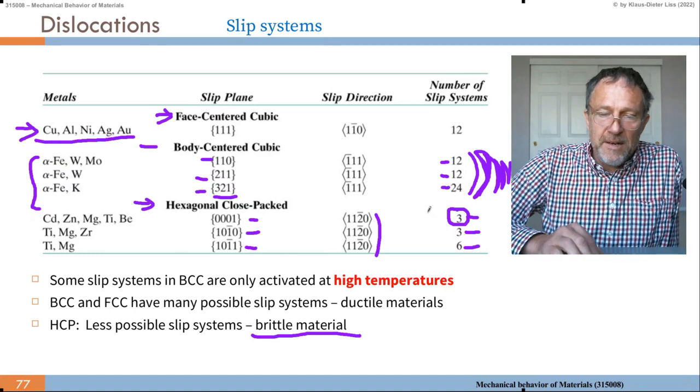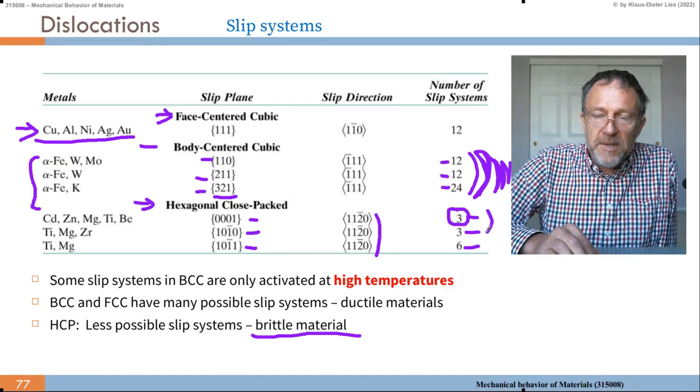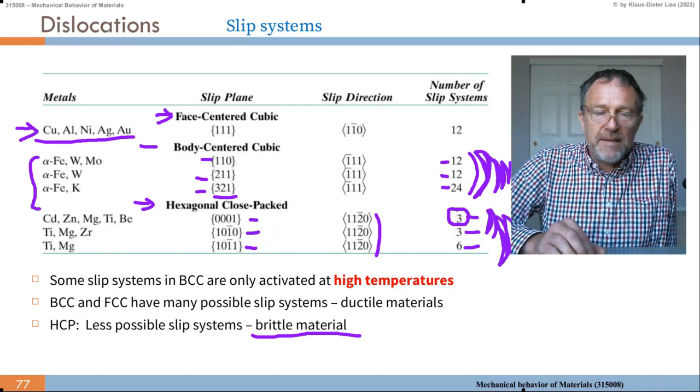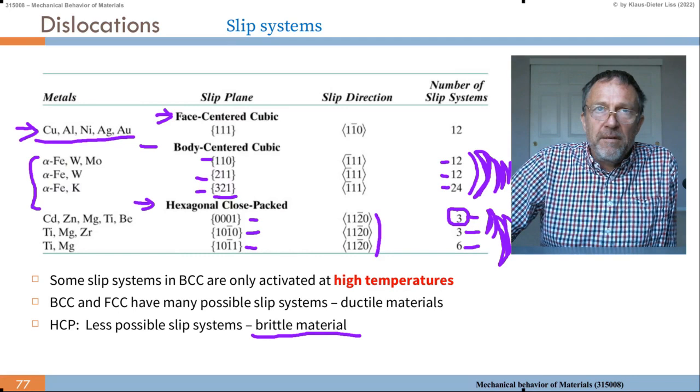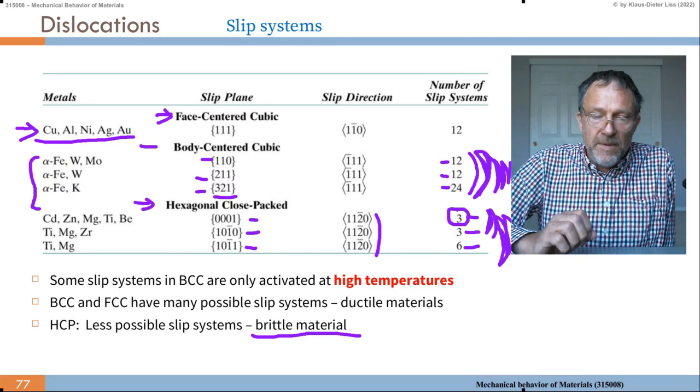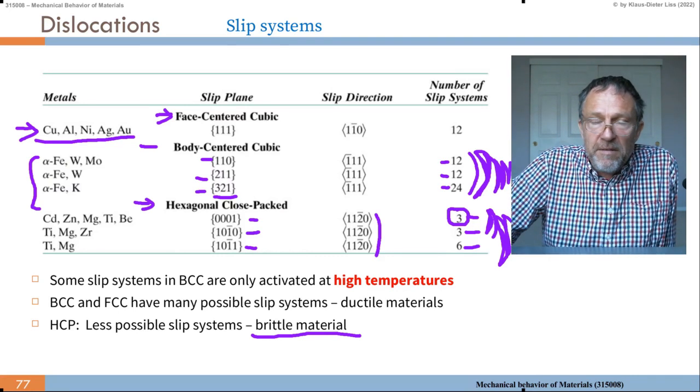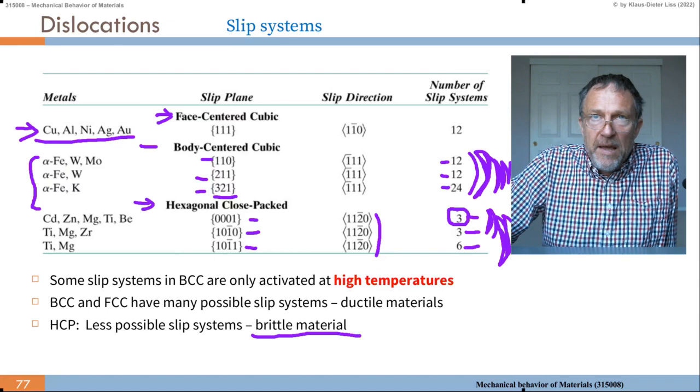That makes the material brittle. If we go to high temperature magnesium, then we have 2 or even 3 slip systems activated. And then even magnesium becomes ductile at 400 or 350 centigrade. If you go to room temperature, it's very brittle.